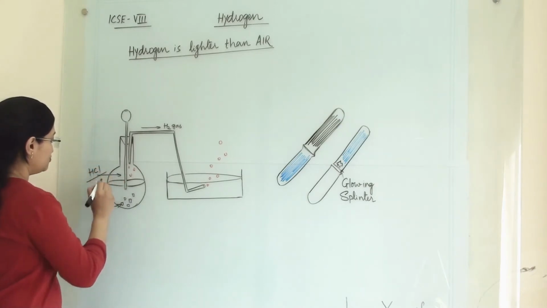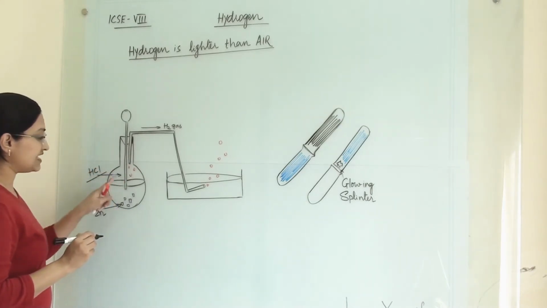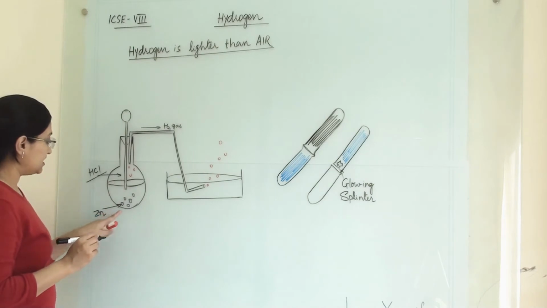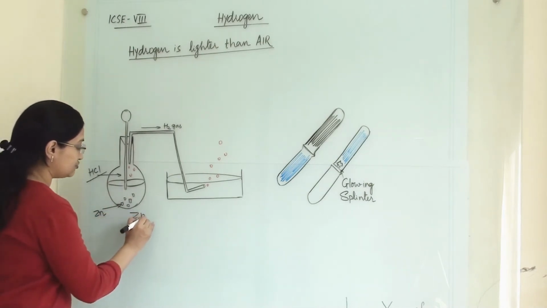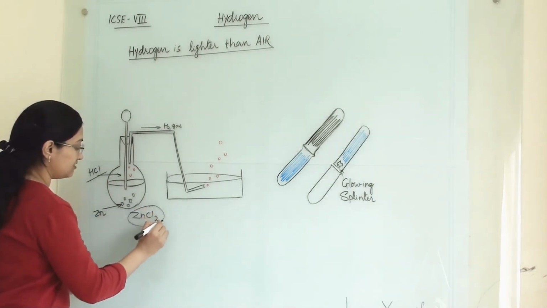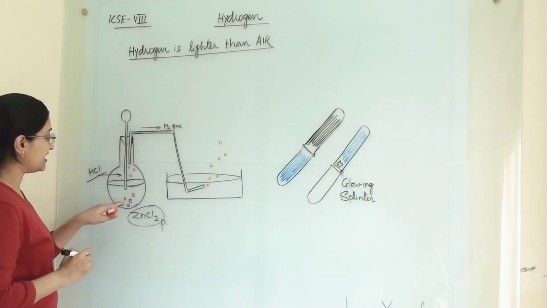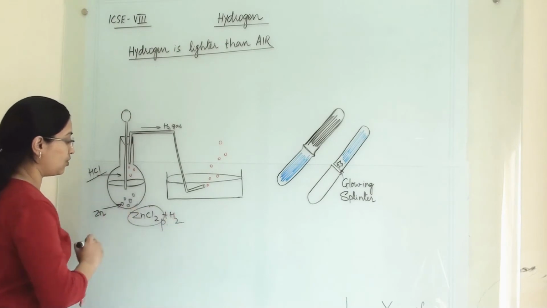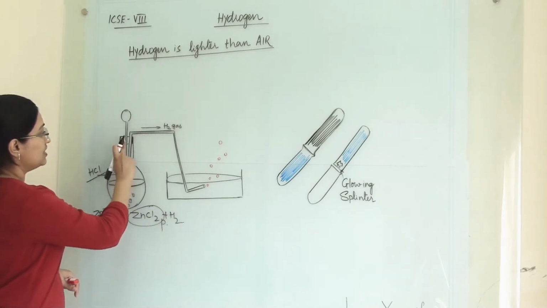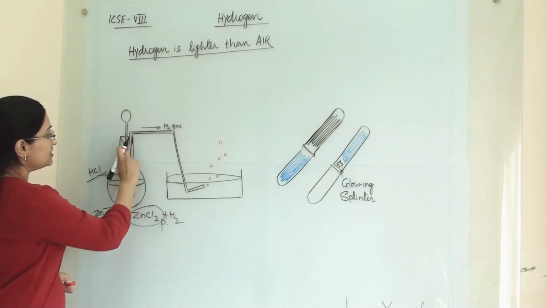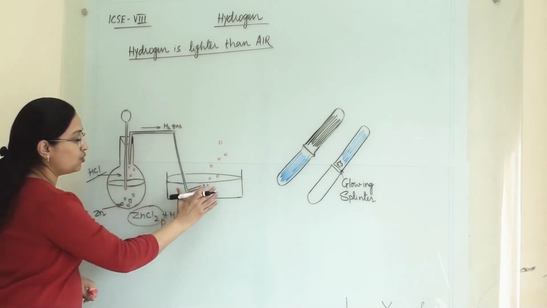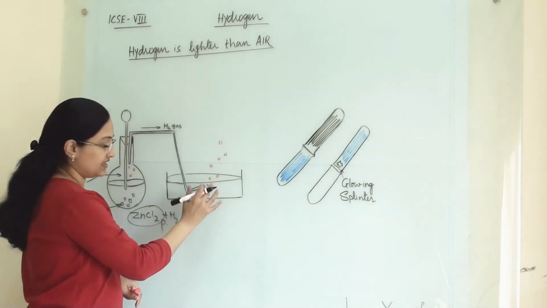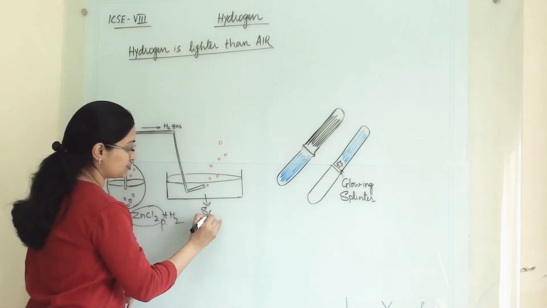So when hydrochloric acid and zinc mix, we will get ZnCl2 as a product, and the hydrogen gas will be evolved, and that hydrogen gas will travel through this gas tube and go to this bath, and this is a soap solution.